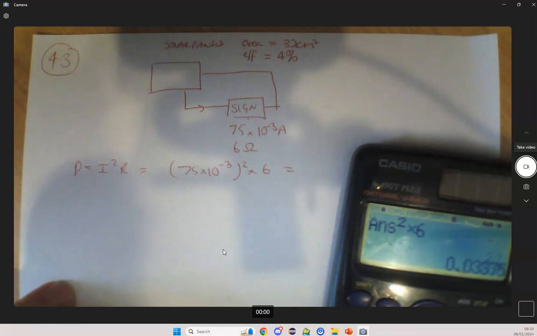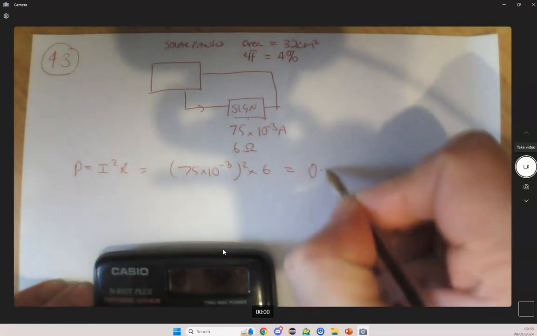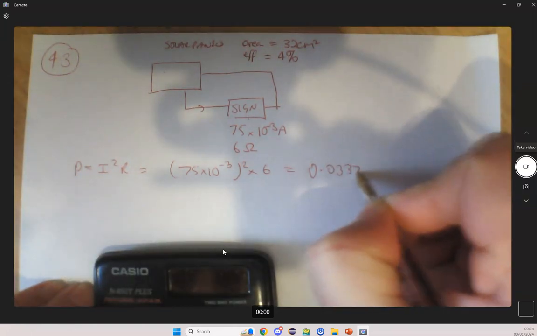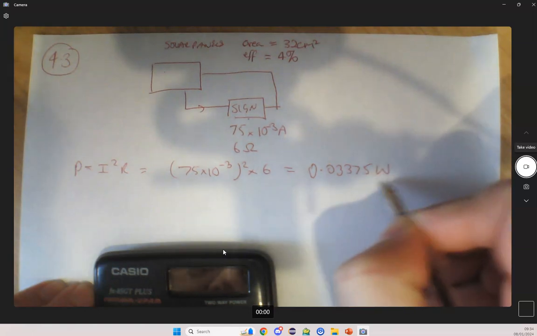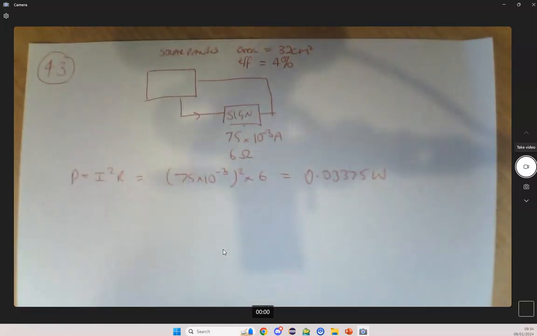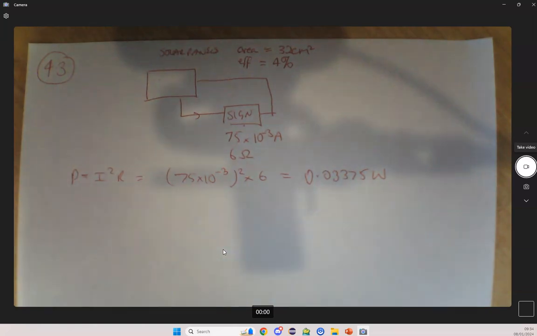It means that I actually need 0.03375 watts of electrical energy to make that sign work as intended.